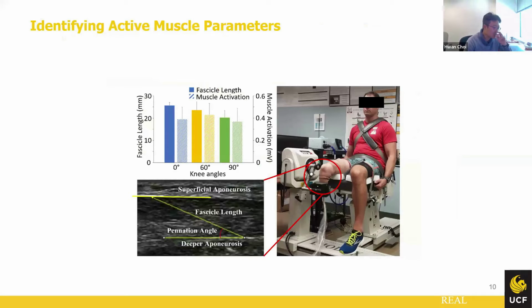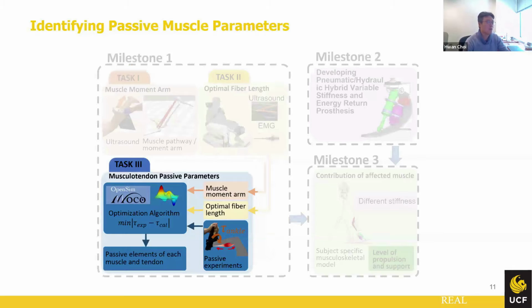This is one participant who was recruited in our project, and basically we are finding the active component of the muscle. So we measure the electromyography, which is the electric signal from the muscles. And we also use ultrasound so that we can find the fascicle length when the muscle generates maximum activation electric signals. Then later, we also need to find the muscle stiffness and the muscle slack length.